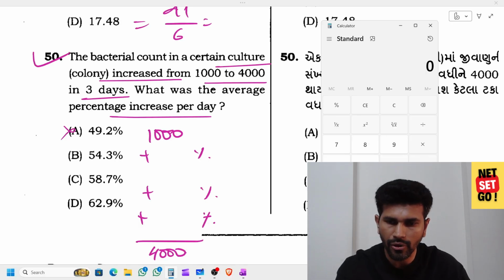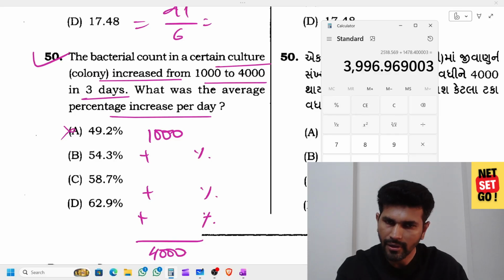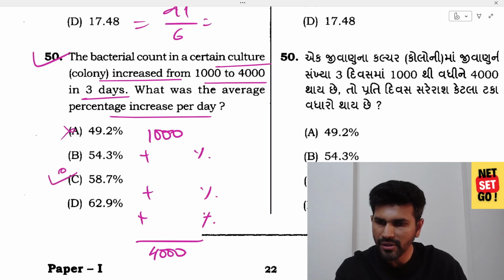So B is also not correct. Next option, 1000 plus 58.7%, plus 58.7%, plus 58.7% is around 4000. So the most appropriate and correct answer is option C.